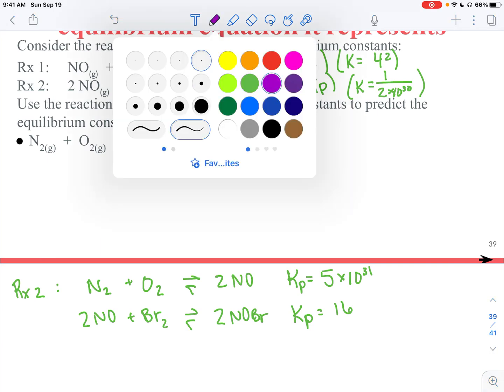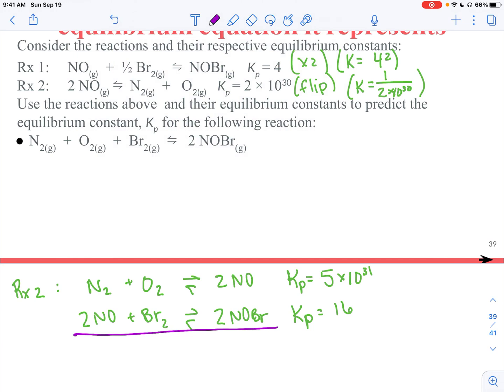So now I'm going to add the reactions together just to make sure I did this correctly before I mess with the Ks. So the 2 NOs will cancel, and I'll end up with N2 plus O2 plus Br2 gives me 2NOBr. I check. That is the reaction I wanted. Great.